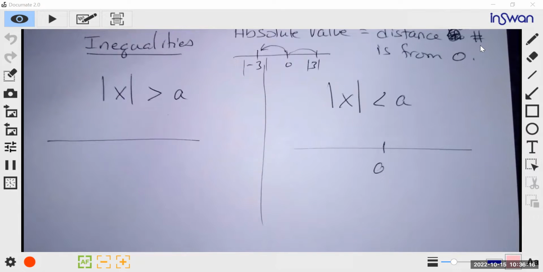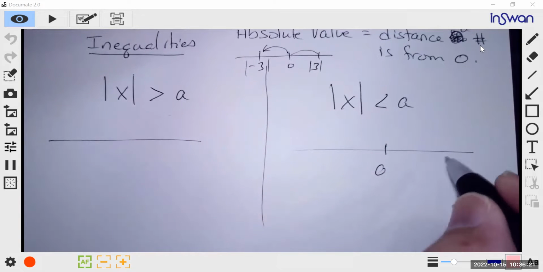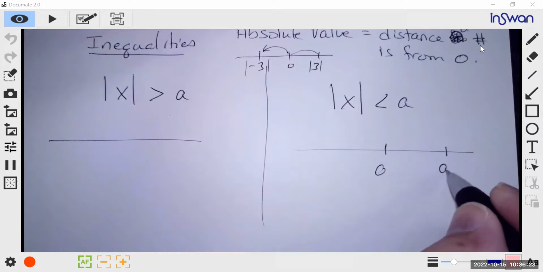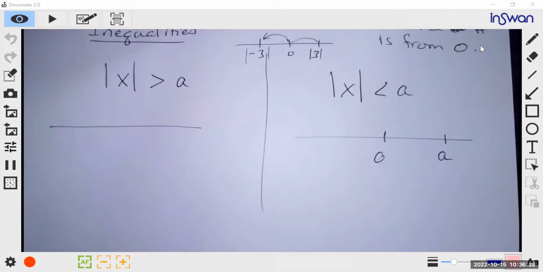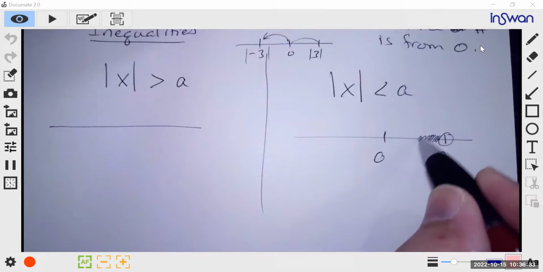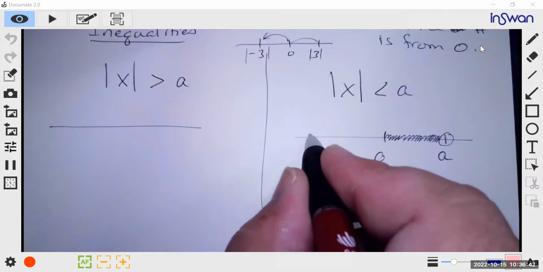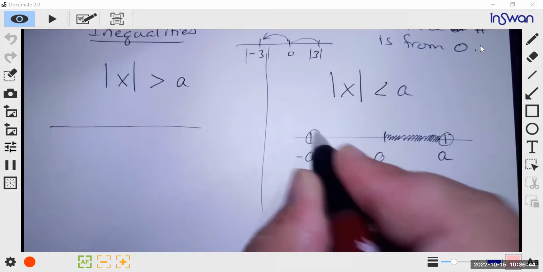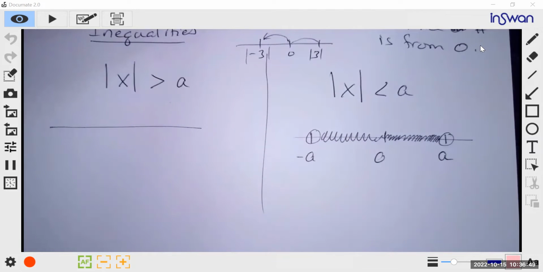Let's look at the less than first. If the absolute value of x is less than a, that means it's going the distance from 0 to a. It's going from a down to 0. That means the same thing has to happen from -a towards 0.